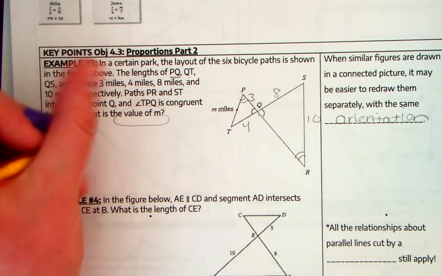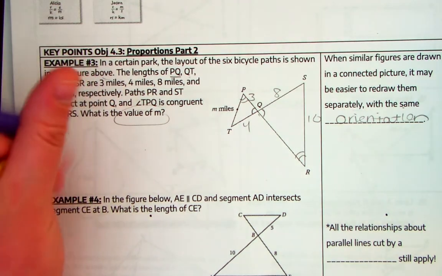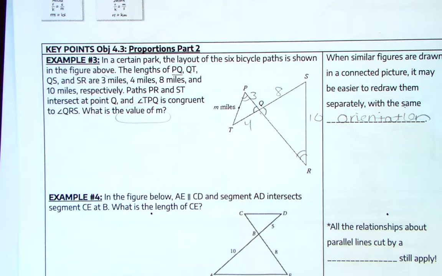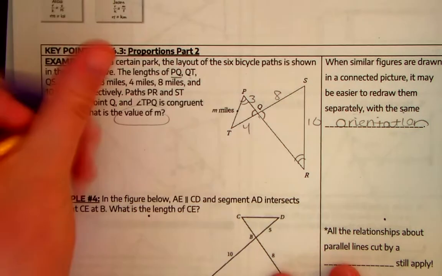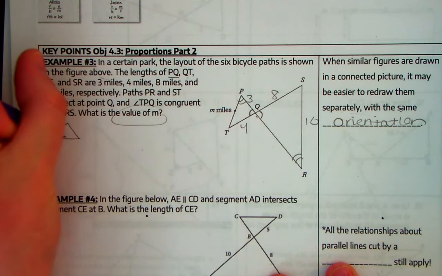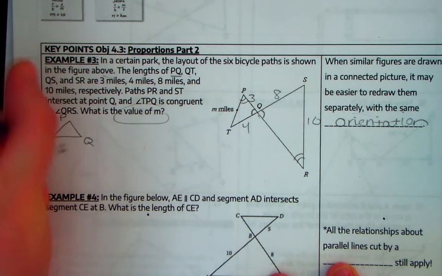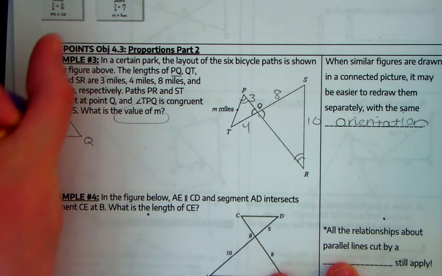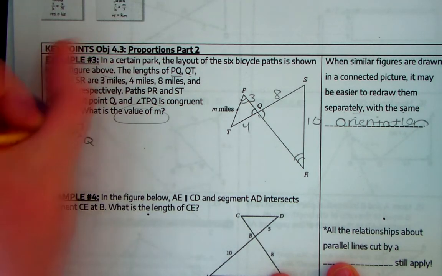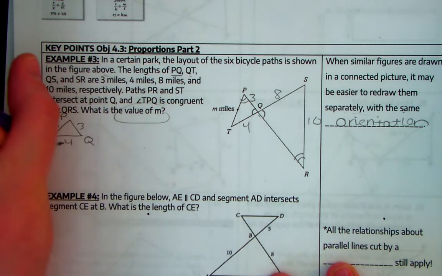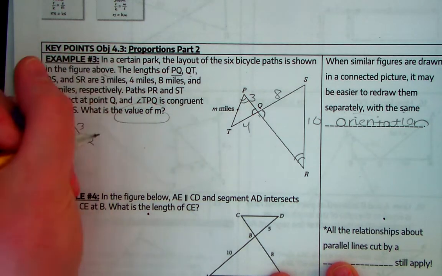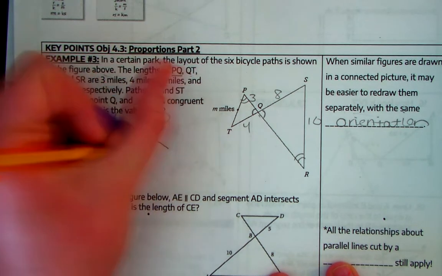So that would mean that if I redraw this as PTQ, where PT is M, PQ is 3, and QT is 4, right? I'm going to do the same thing with my bigger triangle.